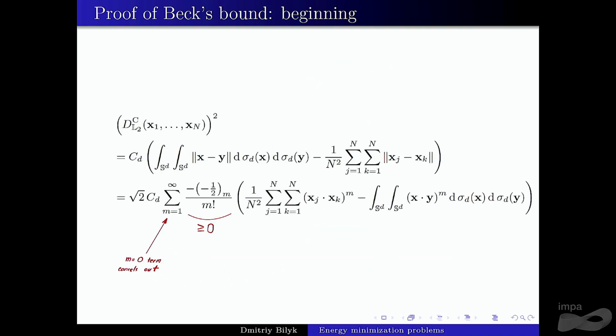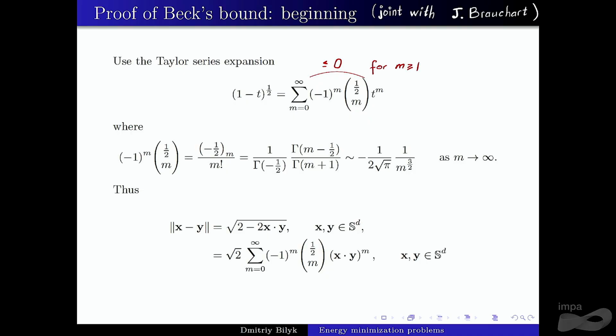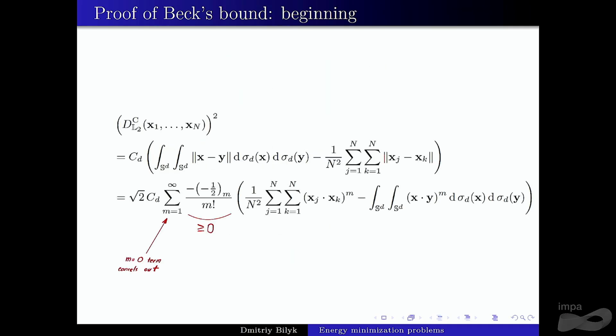You can compute those coefficients, and you even know the behavior. The behavior is m to the negative 3/2, which is nice because that makes the series converge up to the endpoint, so you don't care about interchanging sums and integrals. We write our kernel in this way, and then we plug it into the Stolarski identity.